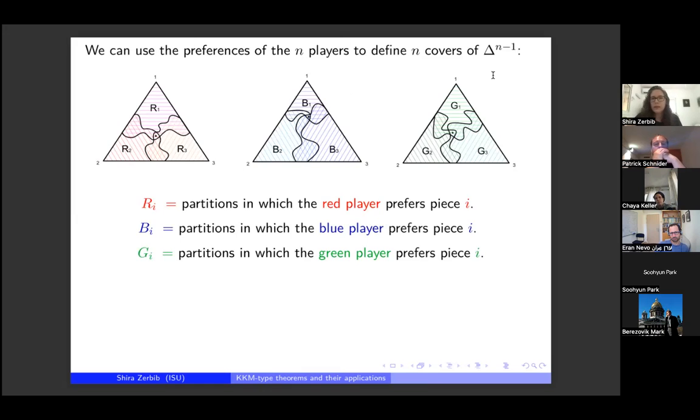So we have n players, and these will correspond to n covers. So the set Ri in the red cover will be those partitions in which the red player prefers piece i. And similarly, Bi are the partitions in which the blue player prefers piece i, and Gi the partitions in which the green player prefers piece i.